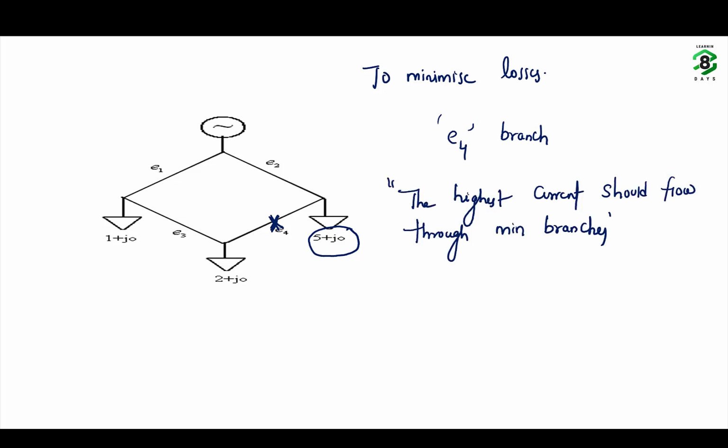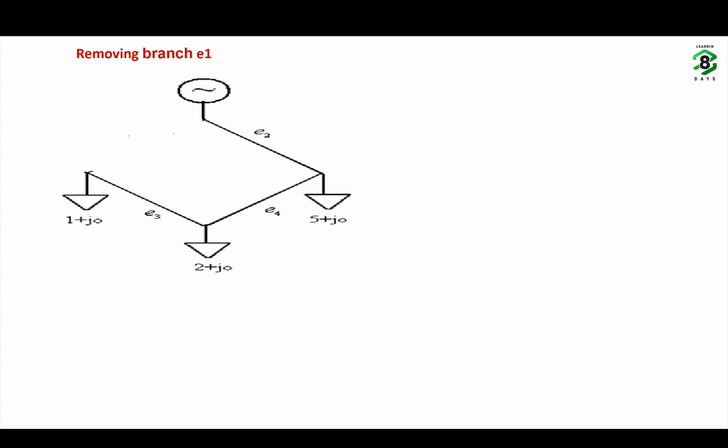So if you follow this logic, you will minimize the losses. Likewise, the highest current is 5 ampere. To ensure it only flows through one branch, we are removing E4.